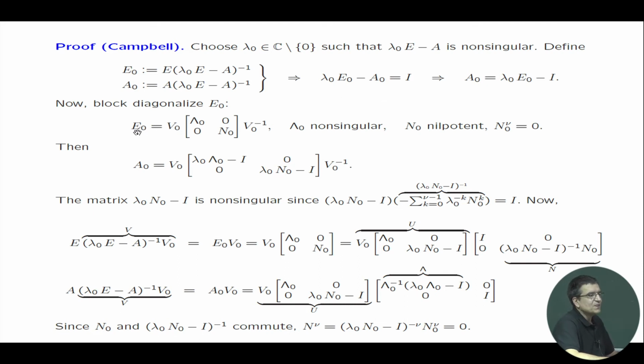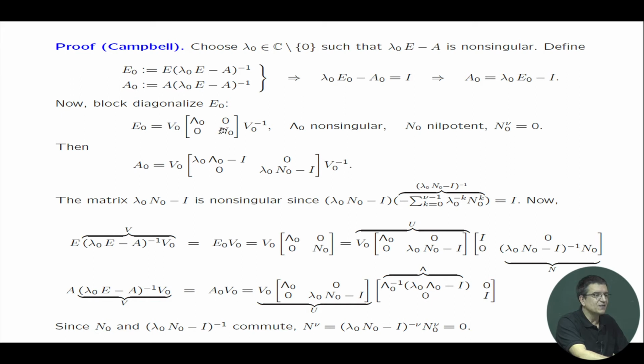So now what we can do is we block diagonalize the new E, the E0. So E0 is a square matrix, so it has a Jordan canonical form. And this Jordan canonical form has several Jordan blocks in it, and there are Jordan blocks corresponding to the non-zero eigenvalues, and Jordan blocks corresponding to the zero eigenvalues.